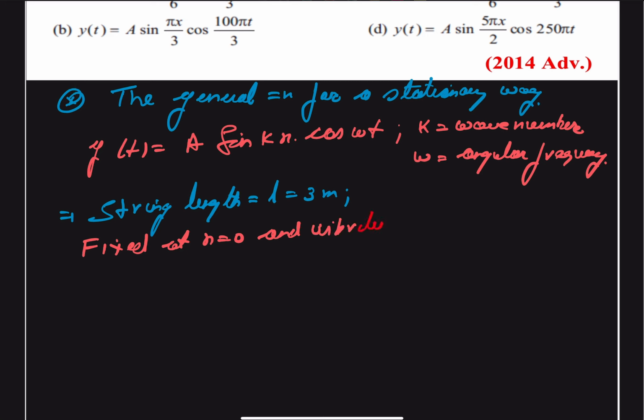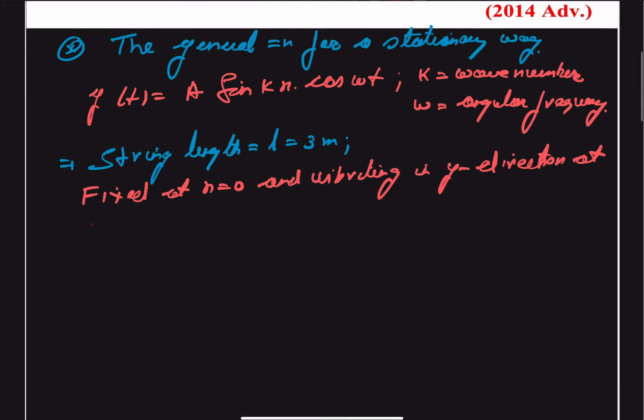Vibrating in y direction at x is equal to 3. So from here we can say that x equal to 0 is going to correspond to a node, and x equal to 3 is going to correspond to an antinode.